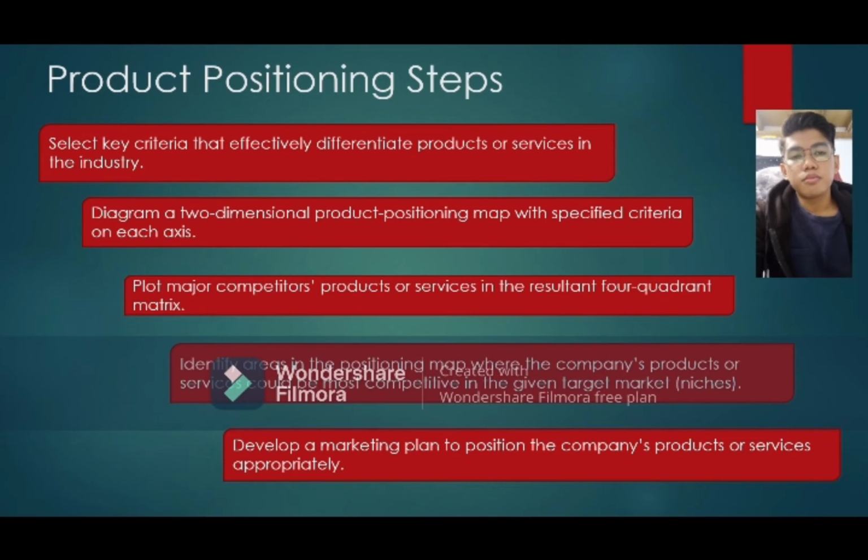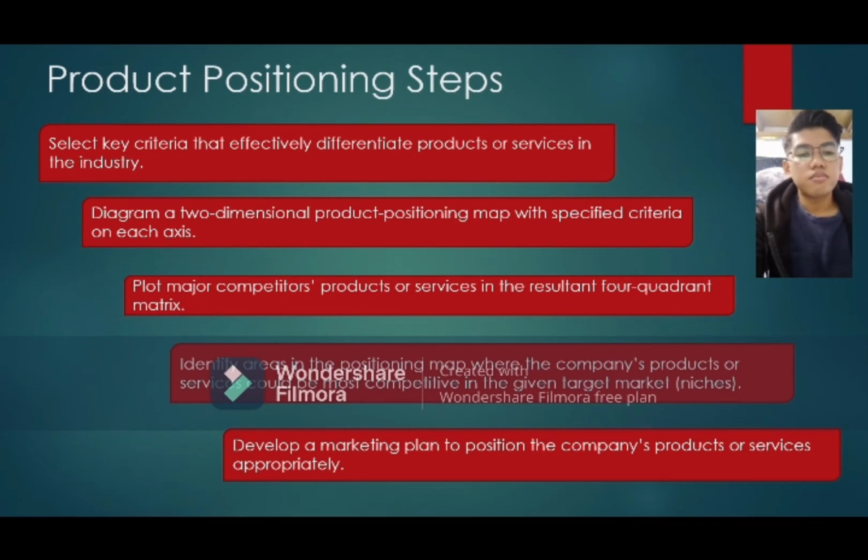In product positioning, we have five steps. The first step is to select a key criteria that effectively differentiates a product or service in the industry. Second is to diagram a two-dimensional product positioning map with a specific criterion on each axis.